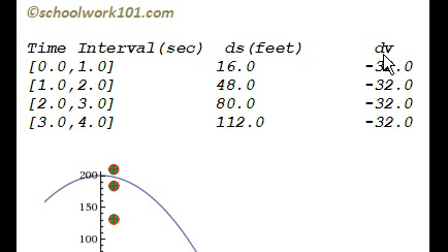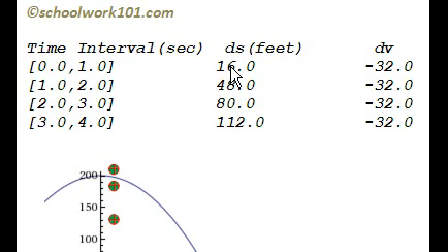Now this is the difference here in velocity. The difference in velocity is the acceleration. The difference in feet is the velocity. The difference in velocity is the acceleration. I hope I got that straight. But anyway, we're looking at averages here, so what can we see?